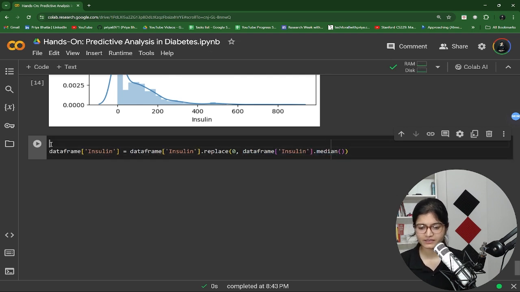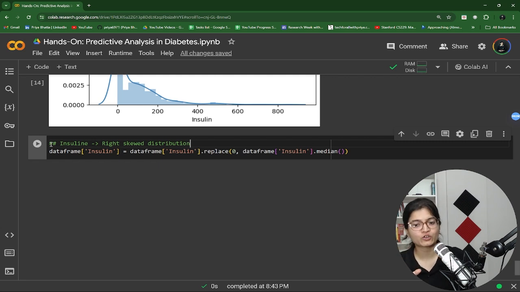Why? The only reason is that insulin is a right skewed distribution. So it contains non-symmetric data. It means there exist outliers, and that is the main reason. Just now we discussed mathematically that whenever outliers are there, mean is a very dangerous metric. At that point of time, we'll have to go for the median only.